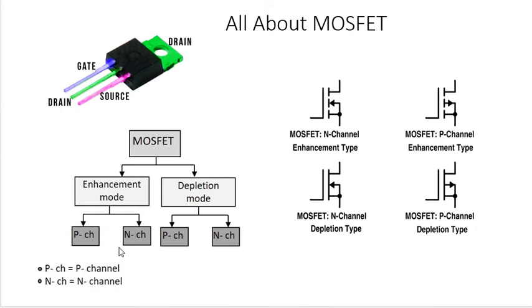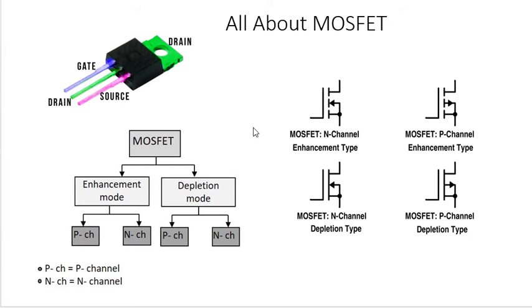Okay, now let us see the symbols. Here we have the four symbols. You can notice these lines are dotted lines. The dotted lines mean it is an enhancement mode because the channel is not present, and here the line is continuous. It means the channel is present, and that's why it is a depletion type MOSFET.